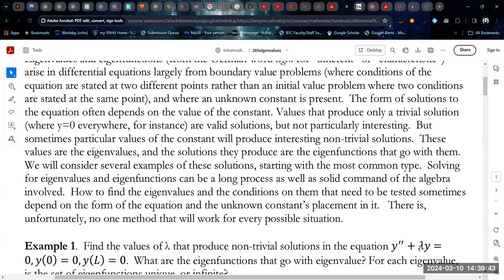And then we may have to look at more than one possible case: what if the value is this, then what happens? What if the value is that, then what happens? And so forth. Sometimes we may get trivial solutions like y equals 0. And in other cases, we may get much more interesting solutions, but which are maybe infinite in number and a little bit more difficult to pin down. But at least we can get a general behavior for those functions.